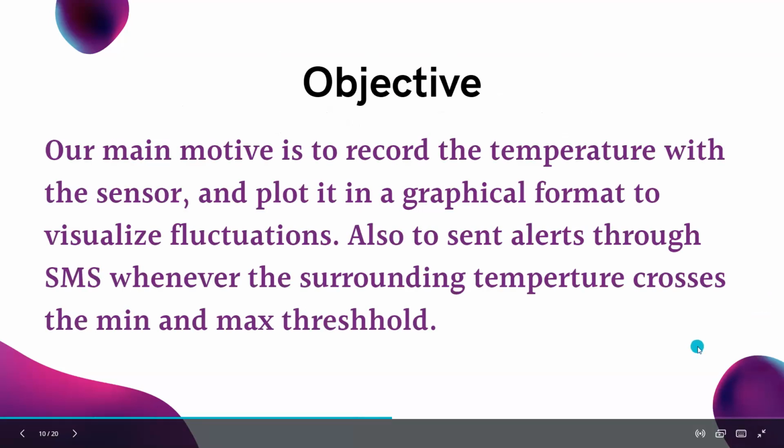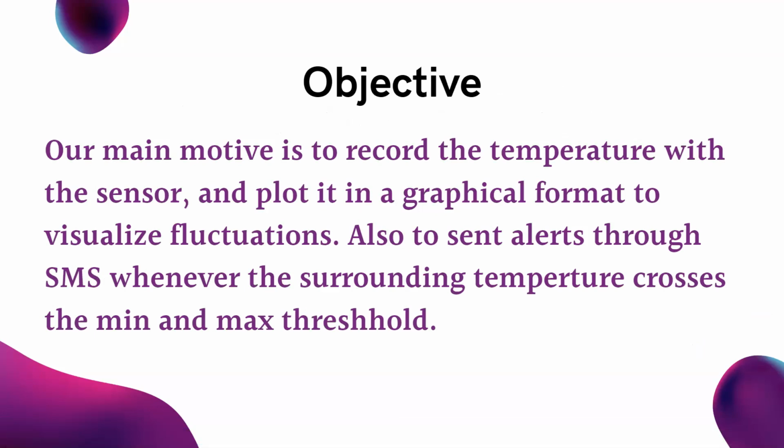Now let's discuss what is the main objective of this project. Our main motive is to record the temperature of the sensor and also to plot it in a graphical format to visualize the temperature fluctuations.